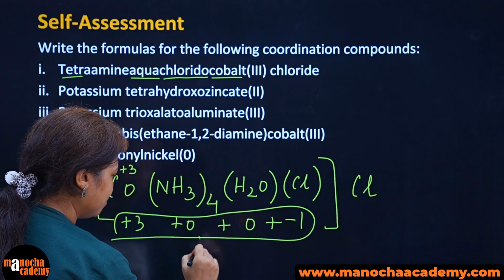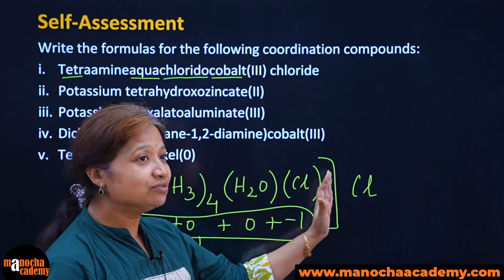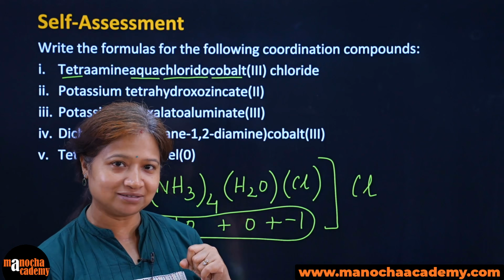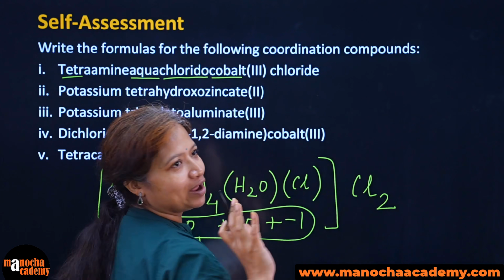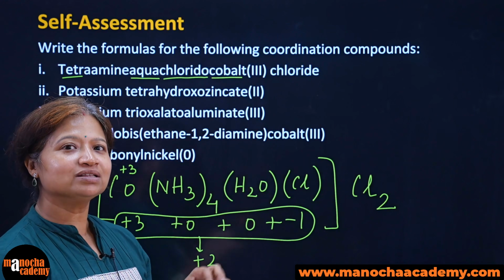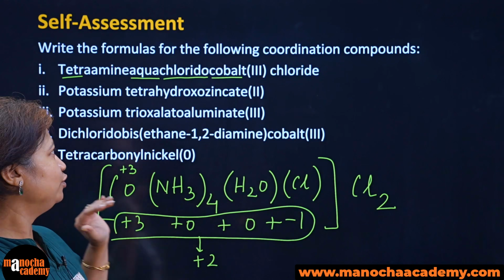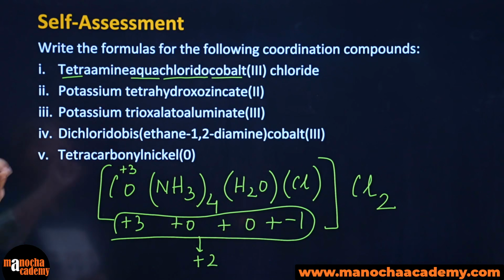So total charge becomes +2. So if this is +2, then how many Cl should be present to make it equal? Of course, Cl2 must be present, isn't it? So from here we get to know how many chloride are there. I was telling you, but maybe you did not understand, but with the example you will be able to understand. We will do another example, not to worry, we will do the second example, okay.